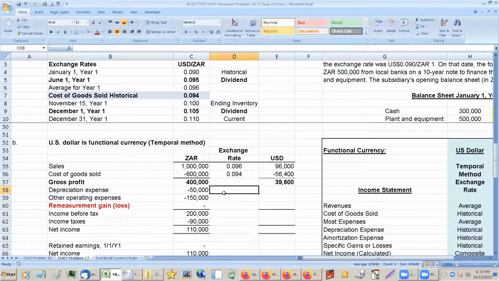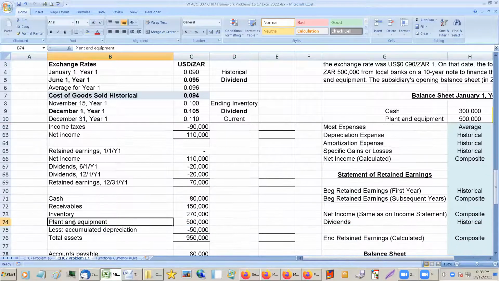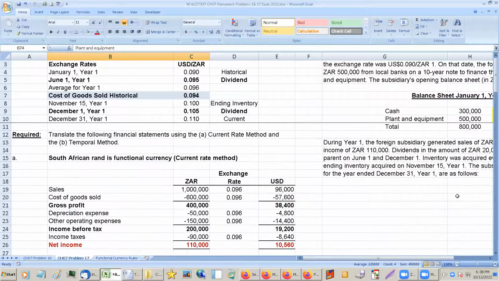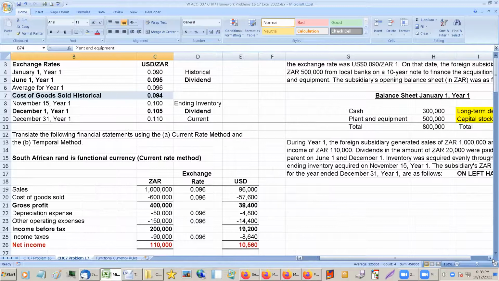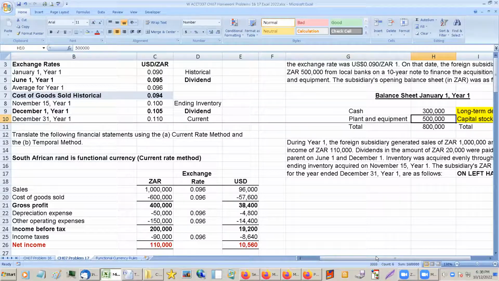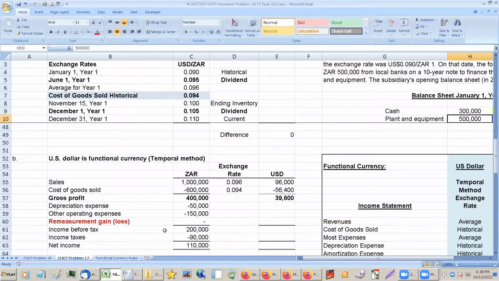Depreciation expense. Now, this is where it gets a little bit tricky, in that we have to go back to the historical cost of what we're depreciating, which is down here. So this plant and equipment, you recall from up here, that was put on when we first bought the place at the beginning of the year, so we're going to use that as the historical cost.